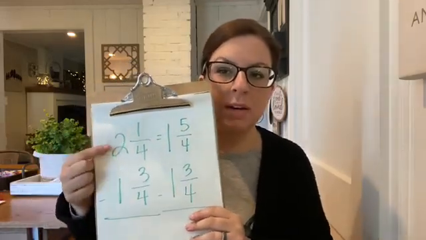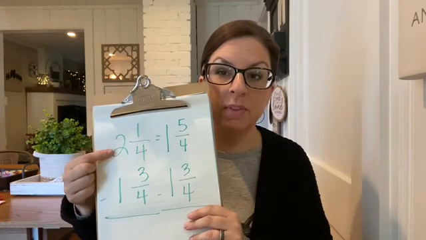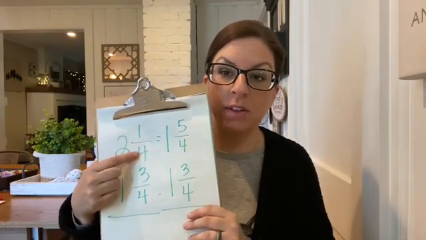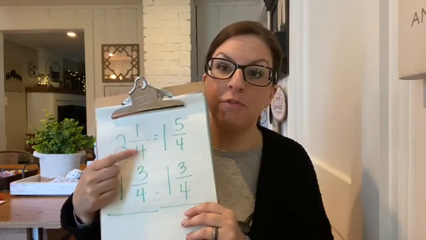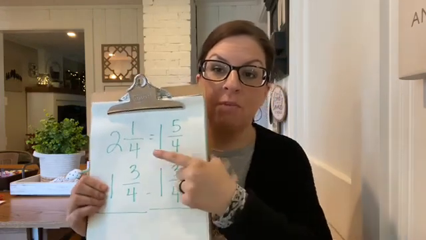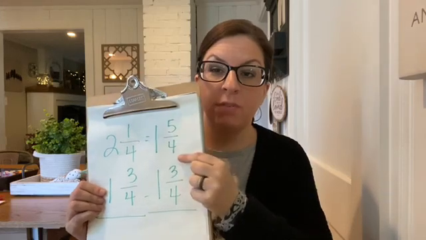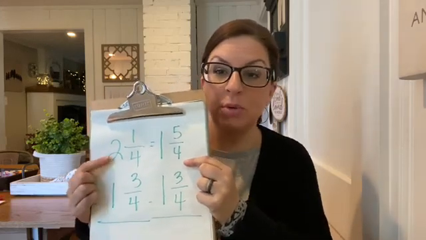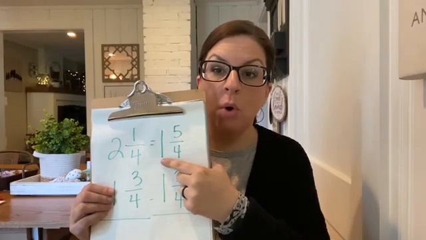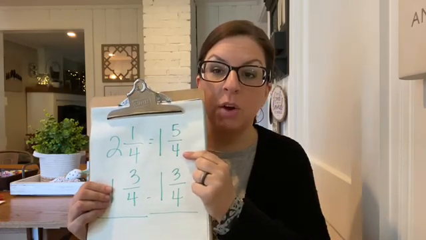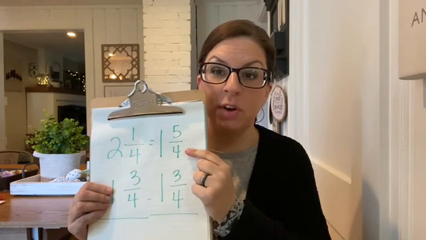I took 1 from the 2 and I gave it to the 1/4, okay? But I had to give it in fraction form. So I gave it 4/4. So now I have 1 5/4. It's the same as 2 1/4, okay? But I gave 1 whole to the fraction 1/4 and made it into 4/4.